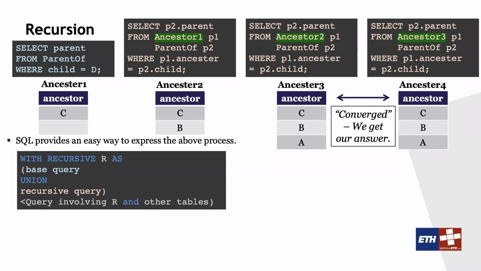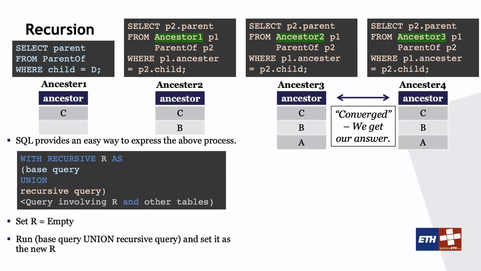So essentially what's going to happen is whenever the database sees a query like this, it's going to first set R as empty, and then it's going to keep running this base query union recursive query, and set the result as the new R. It's going to keep doing this until R does not change anymore. And then it's going to run the last query involving R to get you the answer, okay?